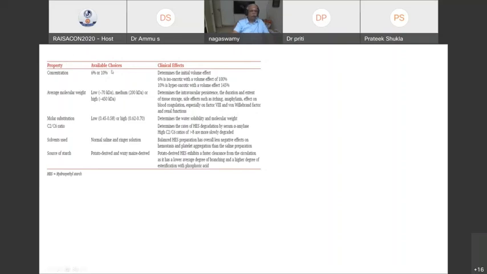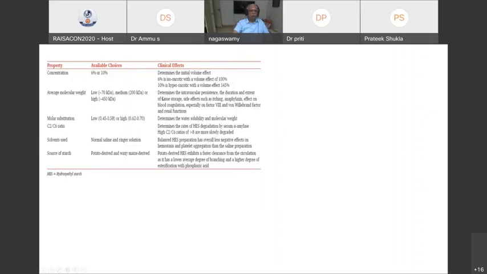Concentrations available are 6 and 10%. So it determines the initial volume effect. 6% is iso-oncotic with a volume effect of 100%, whereas 10% is hyper-oncotic with a volume effect of 145%. So now 10% is no more available. 6% is iso-oncotic, so it is being used now.